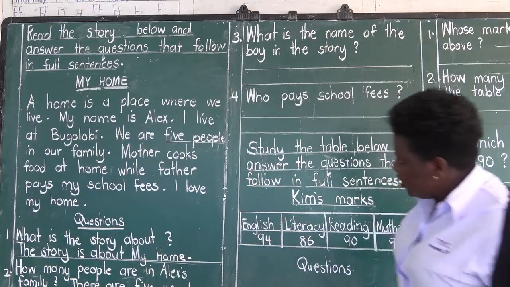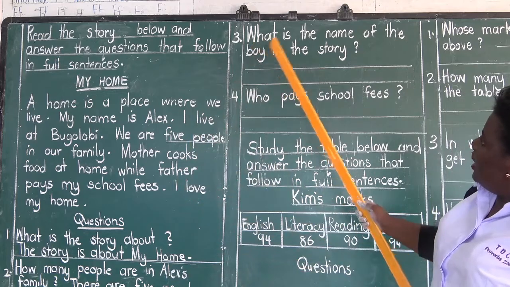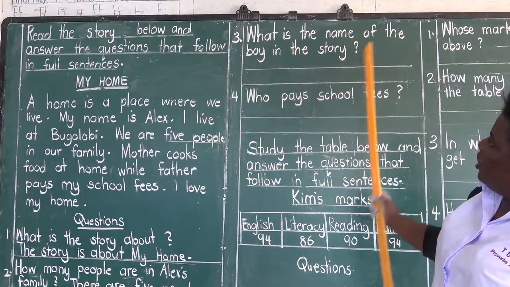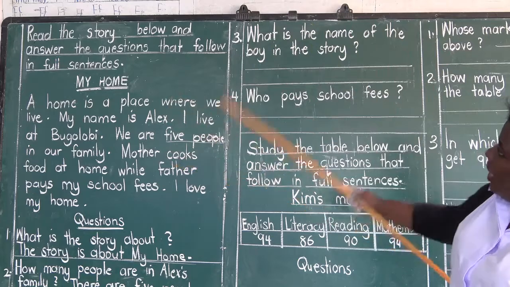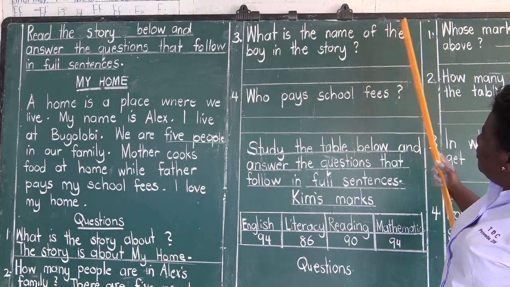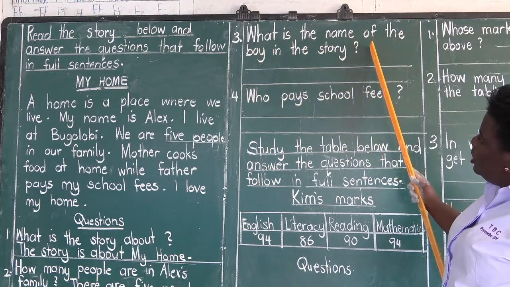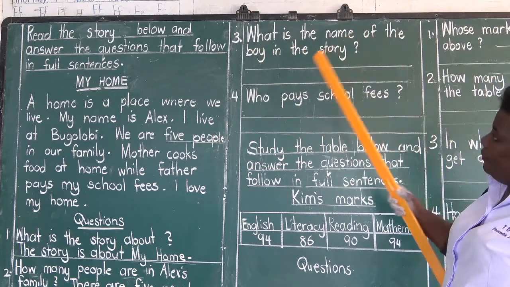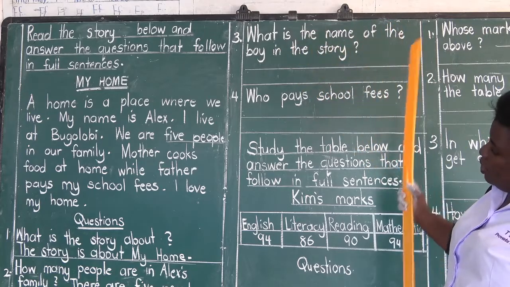So you go back in the story, you copy. You look for the answer, you copy and write it. What is the name of the boy in the story? Other words are here. I'm not going to tell you the answer. You look for the answer. The name of the boy in the story is, you put the answer.